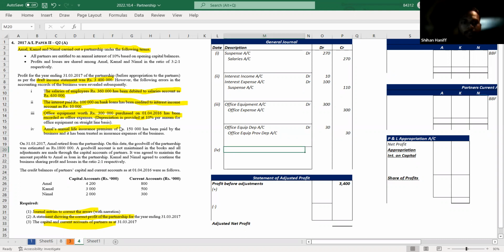Amal's annual life insurance premium of 150,000 has been paid by the business. It has been treated as insurance expense of the business. So this is not insurance. This is drawings.